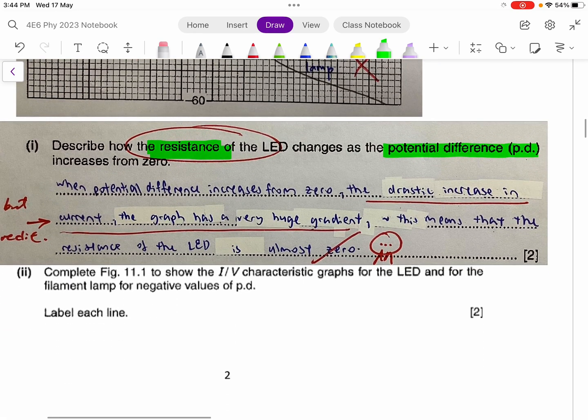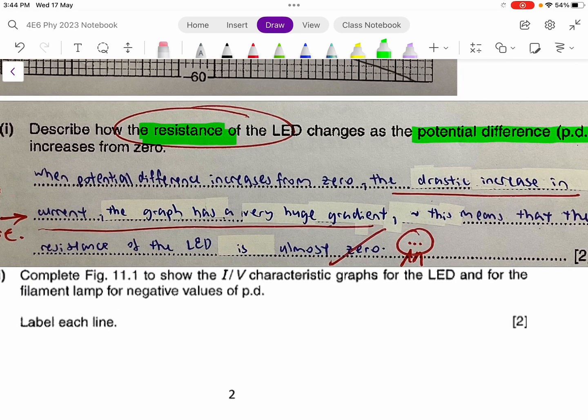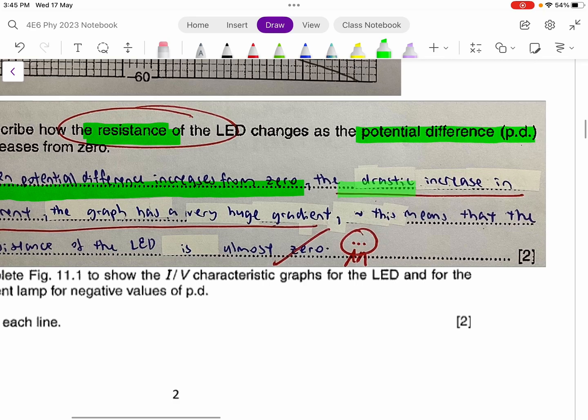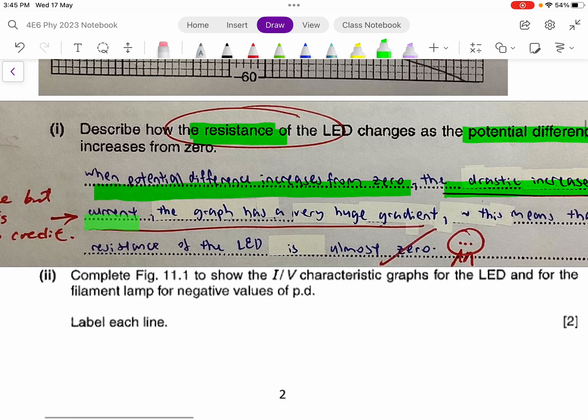But look at this student's attempt. It says, when the potential difference increases from 0, okay, fine, there is a drastic increase in the current. Up to this point, is the student getting any credits? The answer is no, because the question didn't ask you to explain.